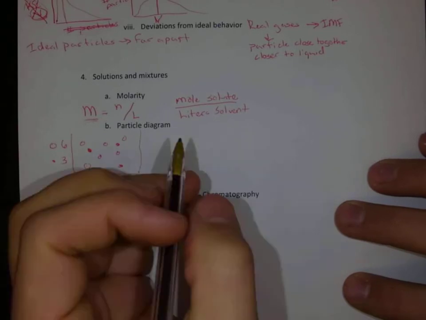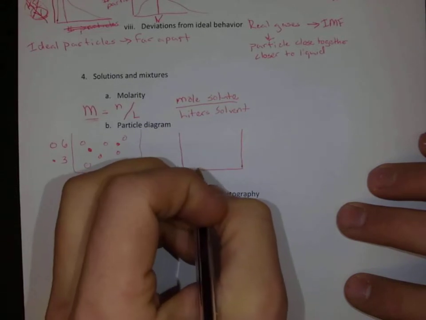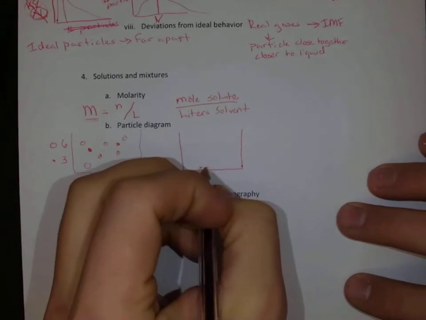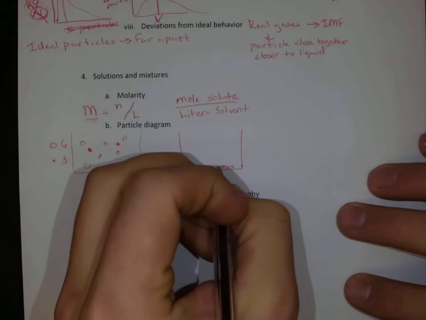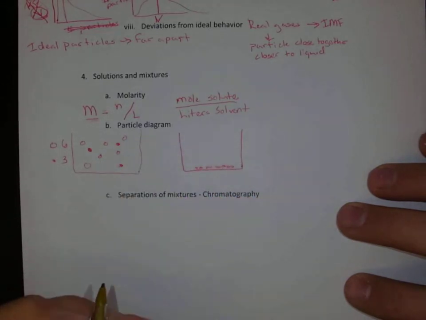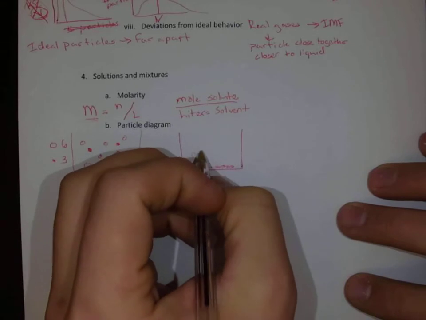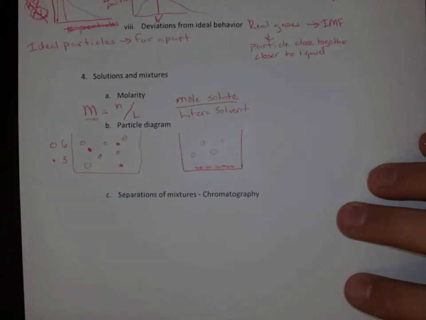So I can show concentration. I can also show relationships where maybe I have a solid down at the bottom, where all of those particles are really close together, and maybe I have liquids left over up on top.